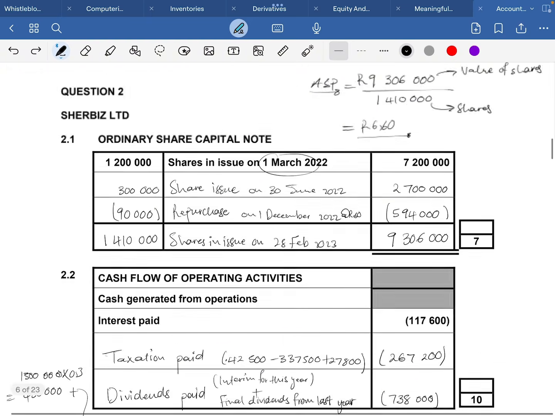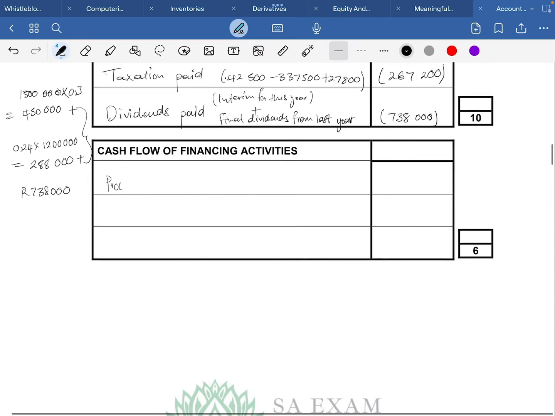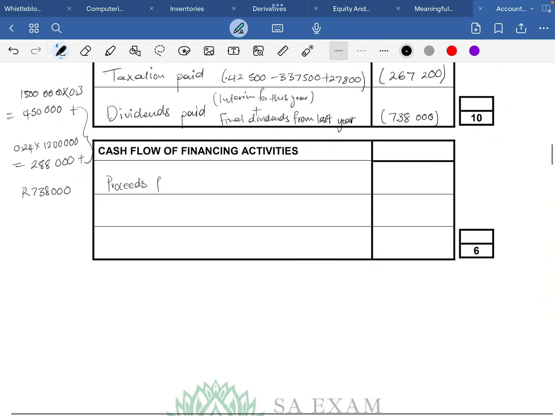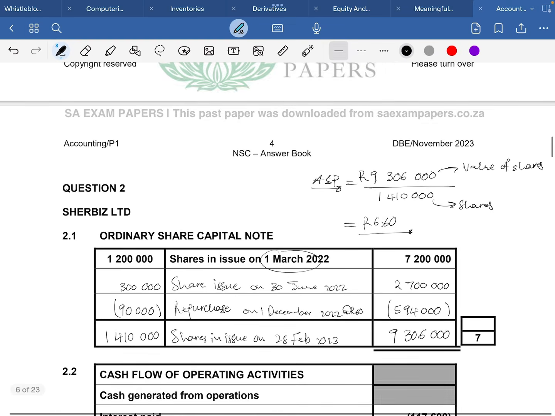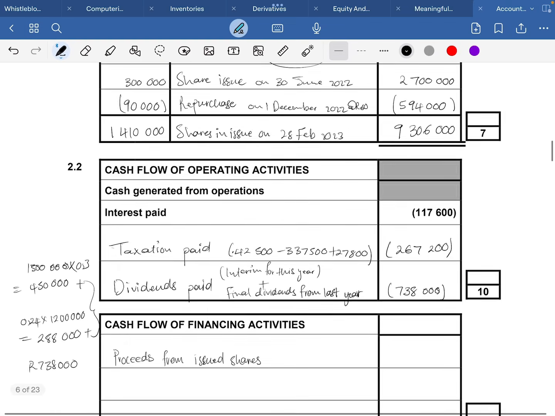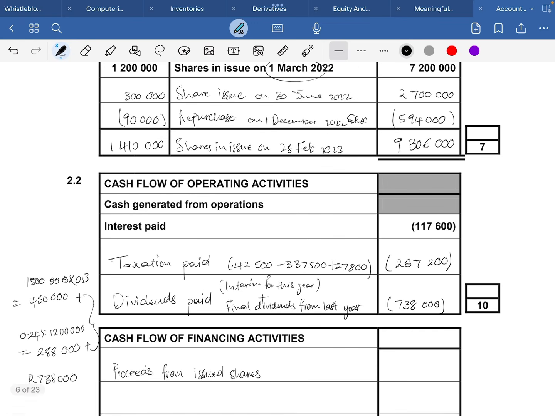So we have proceeds from issued shares. We had 2,700,000 there.